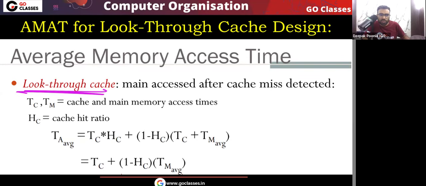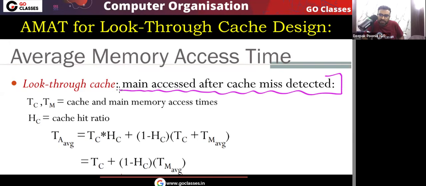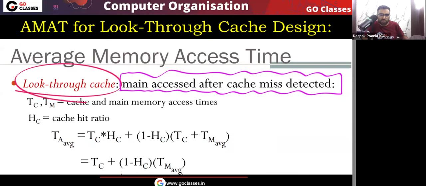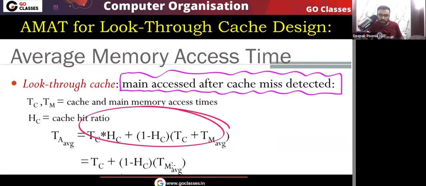So you can see in look through cache, the main memory is accessed after the cache miss is detected. Yes or no? So I can say if we need to access the main memory, then also first we have to search in the cache memory. So this is the look through design, and this is the formula. If you simplify this formula, you will get this formula. So this is what we have seen.